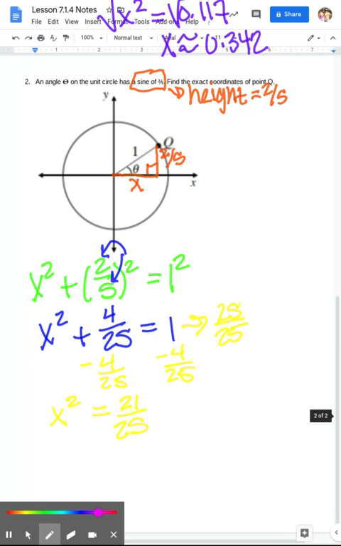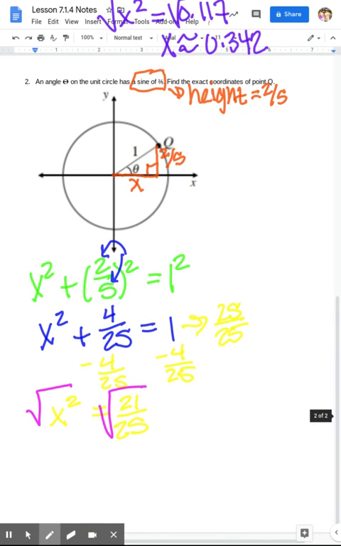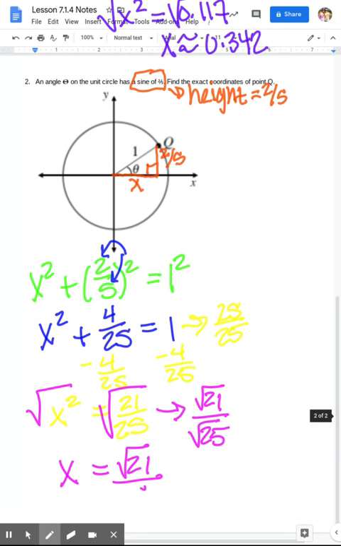And then to get x by itself, we are going to square root both sides. Okay, and again, to square root a fraction, we would square root the top and square root the bottom, which gives us the square root of 21 over 5. And then remember, when we square root a variable squared, we should have a positive or a negative sign.